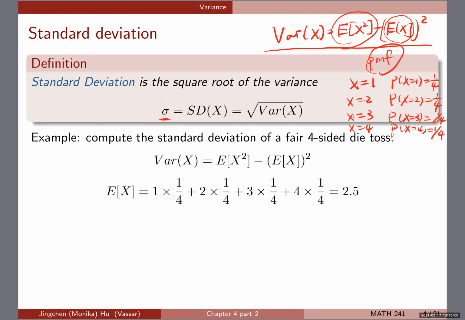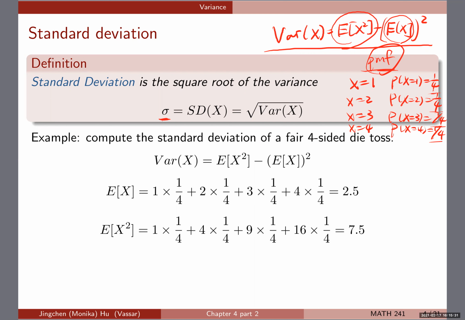We know the PMF, so we only need to multiply each probability with the x squared value: 1 squared times 1/4, plus 2 squared times 1/4, plus 3 squared over 4, and then 4 squared over 4. With that, you get 7.5 as the expectation of x squared.